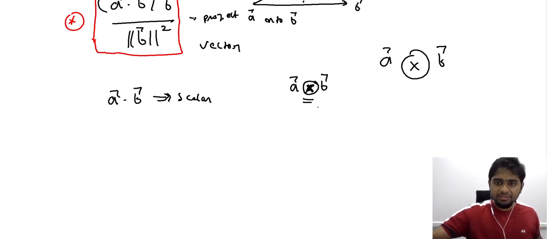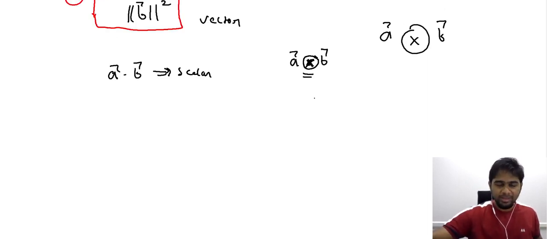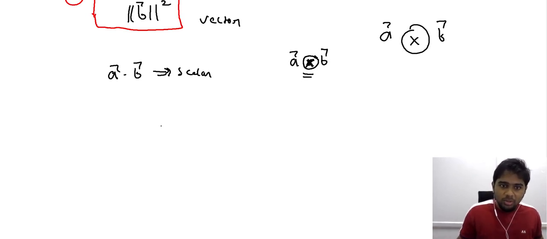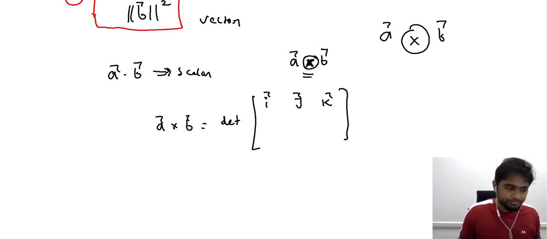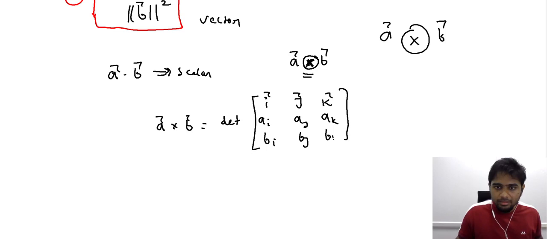Now, the way we handle the cross product is in a different manner. We try to build a matrix, again assuming that we use similar magnitudes for the A and B vectors. The cross product A cross B can be expressed as the determinant of a matrix, wherein we have our orthonormal basis I, J and K, and in addition to that we have our components of magnitude, that is AI, AJ, AK, BI, BJ and BK.